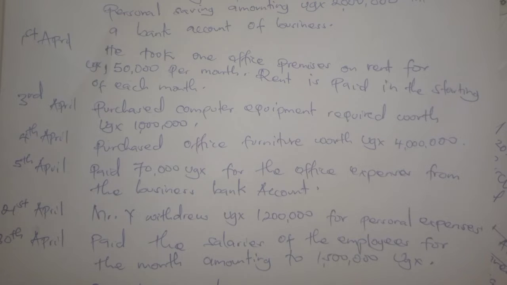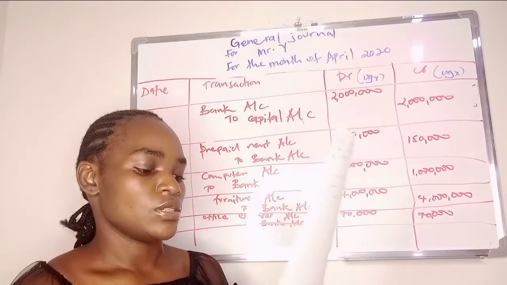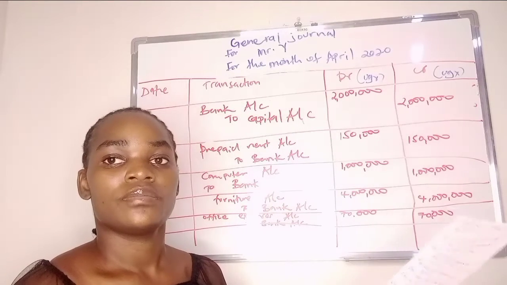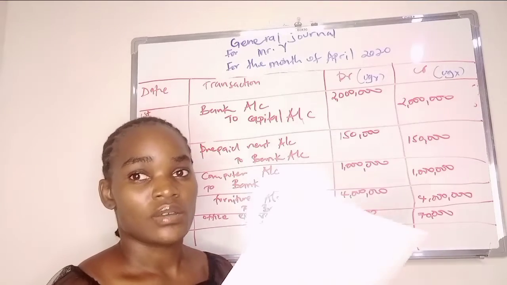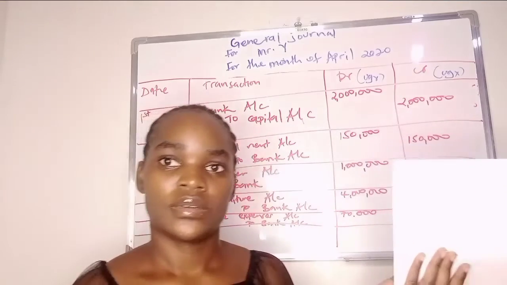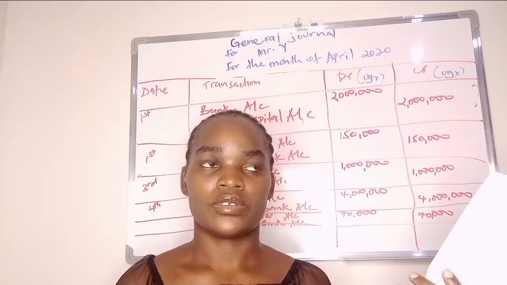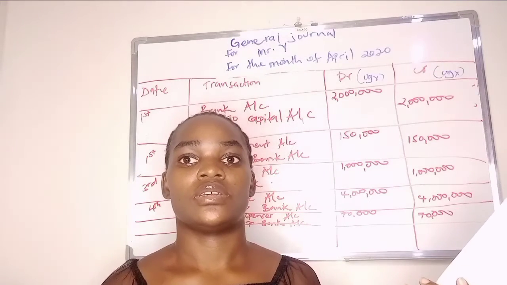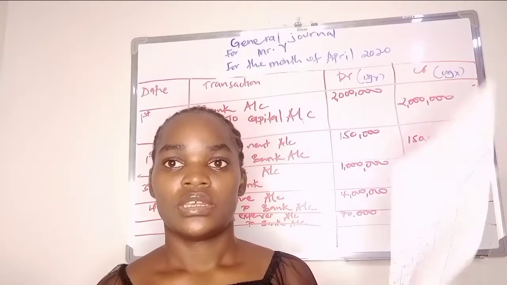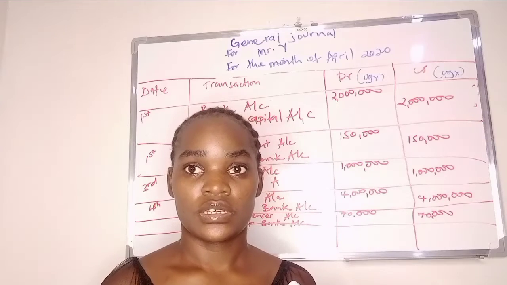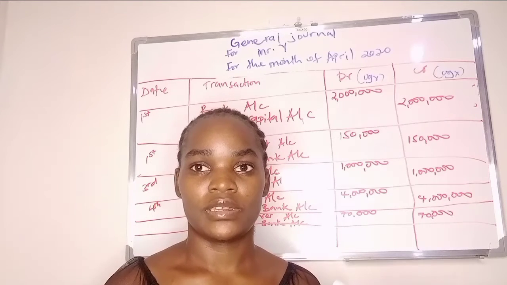Then another transaction, Mr. Y withdrew 1.2 for personal expenses. So these are drawings for personal expenses. So here it's the opposite, like when they deposit money in the bank, it's the opposite of withdrawing for personal use. So capital is reducing since they are taking some of the money.